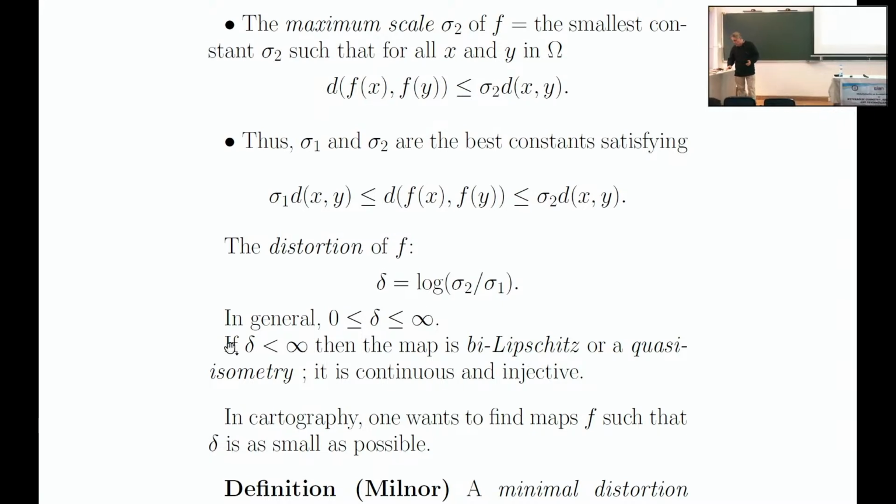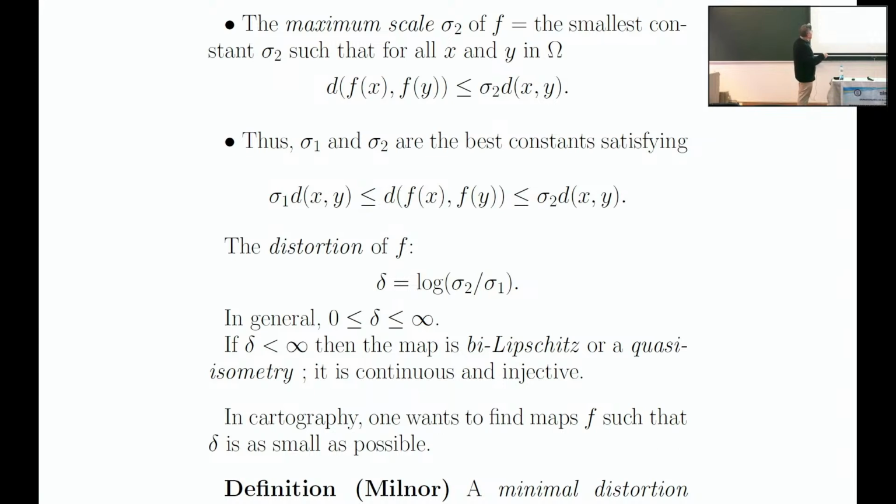Yes, here. So if you have finite sigma 1 and sigma 2 such that this double inequality is satisfied, it implies that the map is continuous and injective.